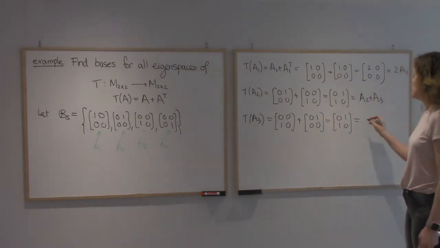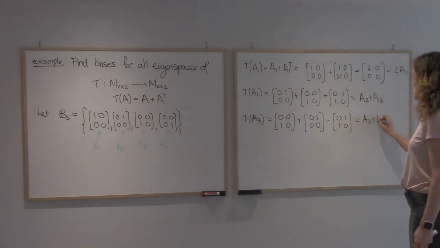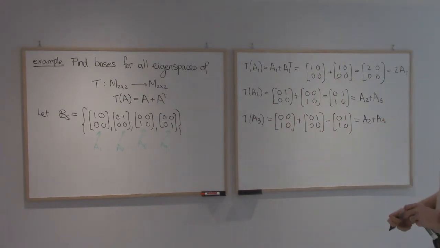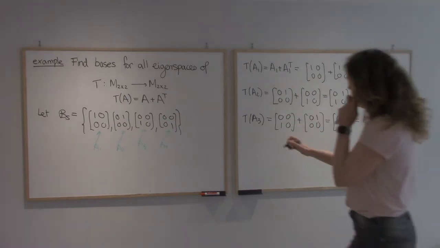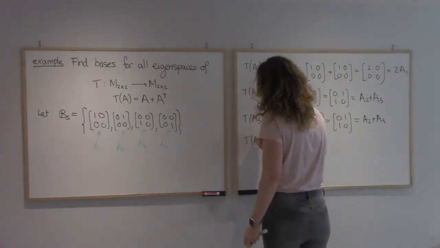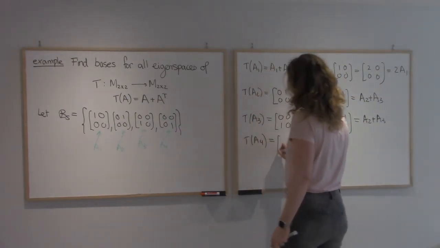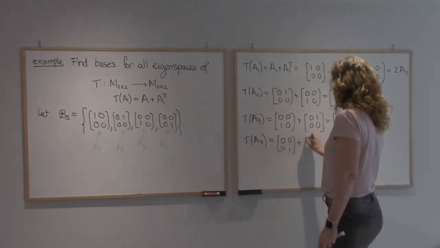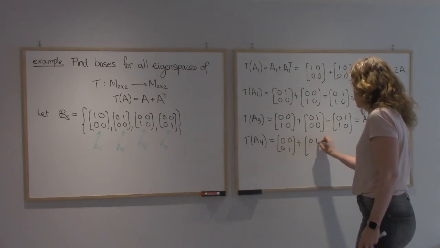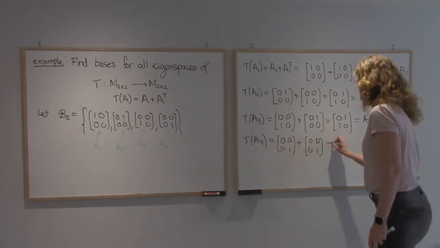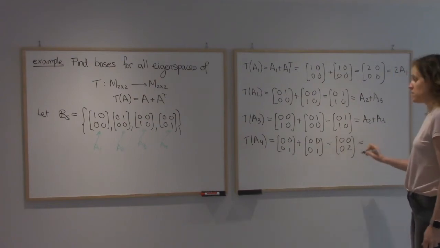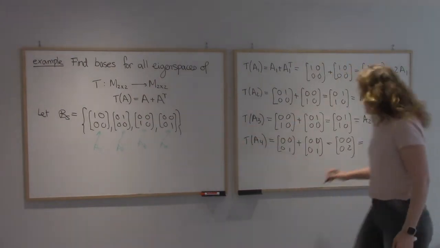Same matrix as here, so A2 plus A3 again. The final one, A4 plus its transpose, that's going to give you 0, 0, 0, 2. That's twice A4.